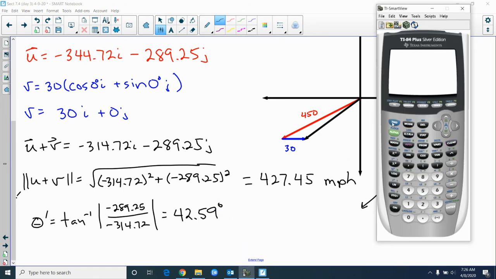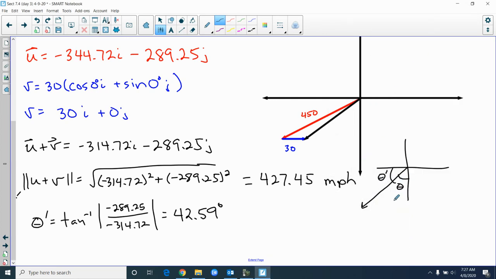Okay, let's take a look. Inverse tangent, 289.25 divided by 314.72, 42.59 degrees. That's not your answer. That is right here.